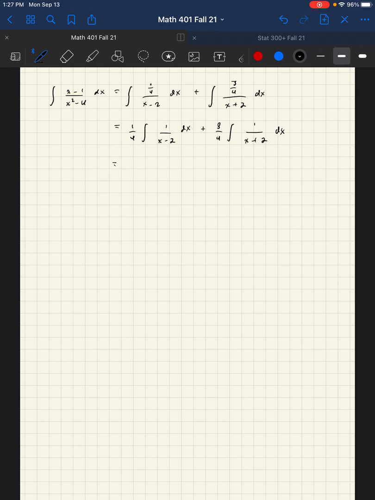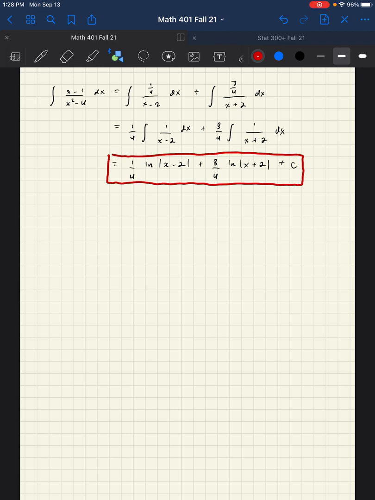And finally, we end up with 1/4 natural log of |x minus 2| plus 3/4 ln of |x plus 2|, plus C, and that's the integral. So as you can see, when we are able to rewrite the integrand into these more manageable rational functions, then we can integrate it much more easily. So there really is quite a bit of benefit here.